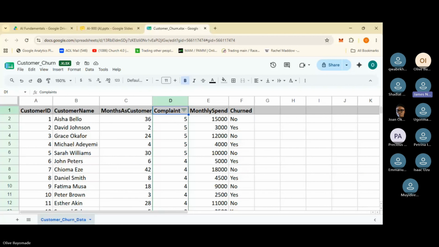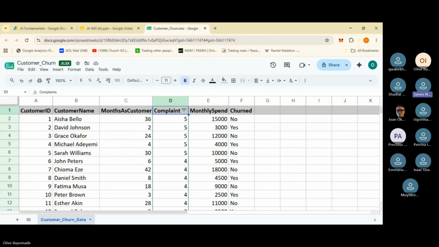So for Peter Brown, that means in the 3 months he has spent, he has raised 4 complaints. Because of lesser duration, he appears to have more complaints relative to other persons who stay a longer period than him and have generated up to 4 complaints. Whatever the reason is, that is not here in this scenario.